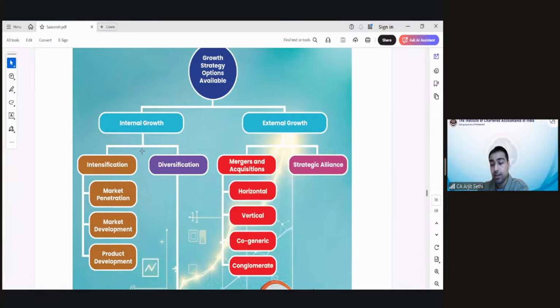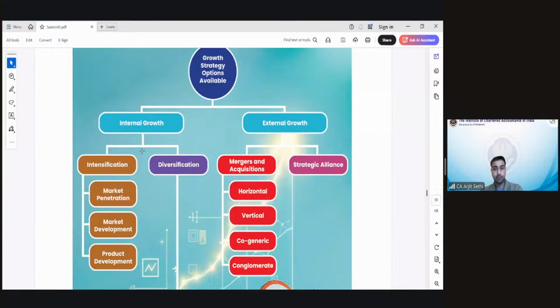Existing product, new market. Market development. Existing product in the existing market. What is it called? Market penetration. New product in a new market.